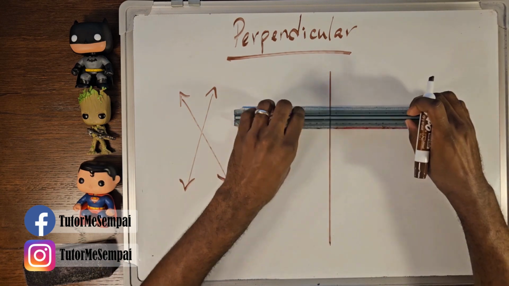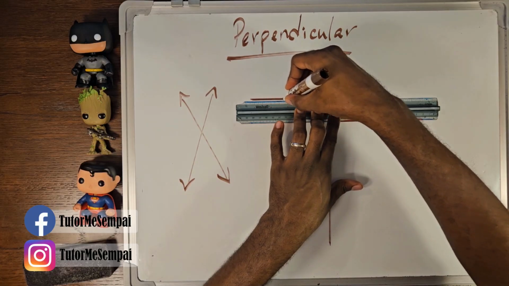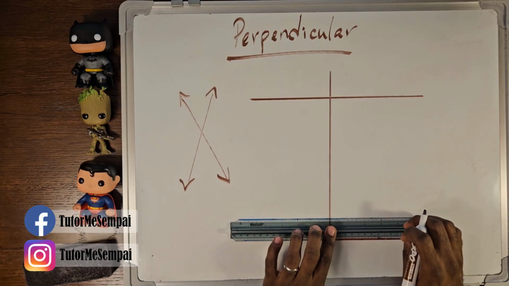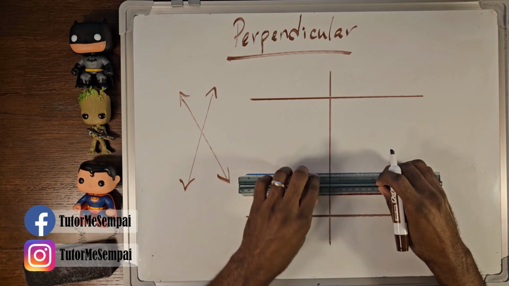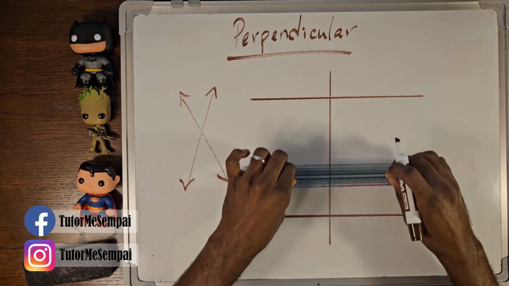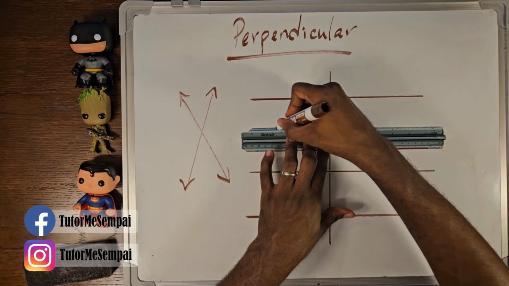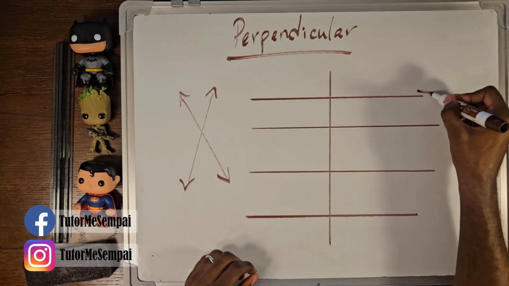right? And you can have something like this. That's straight here. Or you can have it all the way down here. It doesn't matter. You can have it right here. You can have it right here. Right? It doesn't matter.